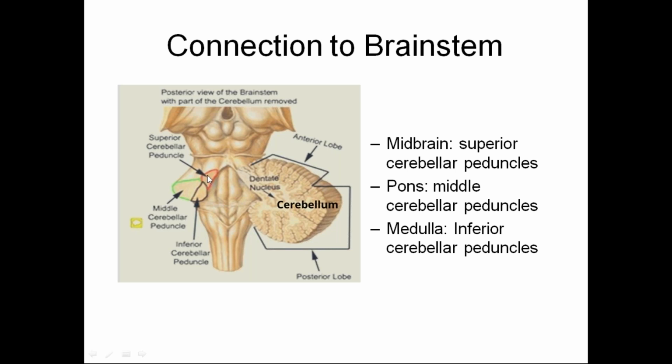The superior cut section is with red, middle with green. That's with the pons, and with the medulla, it's the inferior cerebellar peduncle. And part of it has been reflected away to show you the floor of the fourth ventricle, which is formed in the upper part by the pons and the lower part by the medulla.